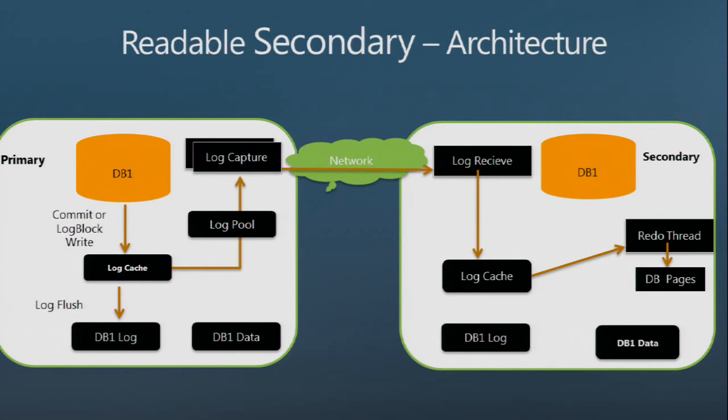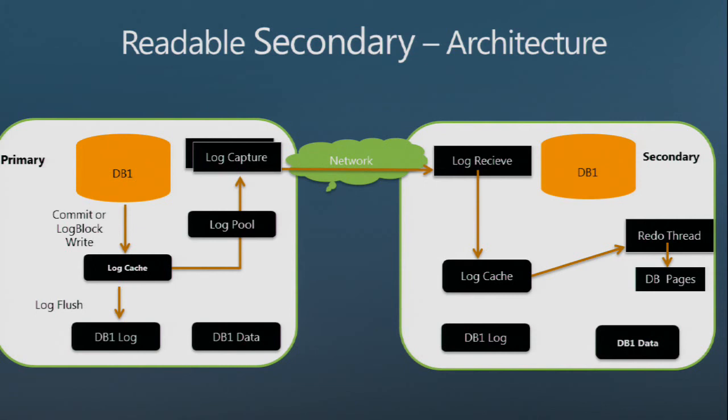It reads those log records and applies those changes to the data pages and the index pages in the database on the secondary to bring it up to date with whatever has happened on the primary. As you can imagine, the redo thread needs to read pages and apply the change. So there is some extra work that the redo thread has to do to make those changes available on those data pages.